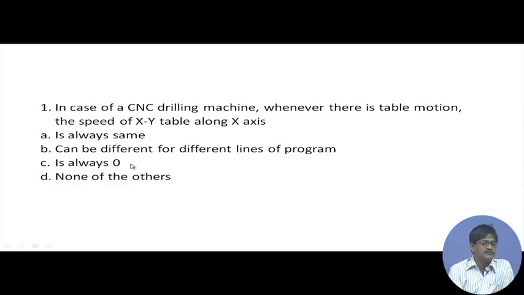Is always 0? No, in that case we would not have had that axis of motion at all. None of the others. So, strictly speaking, B fits the bill. In all motions, X motion might not always be present. So, it can be 0 at times, it can be the maximum speed of the motor at times.